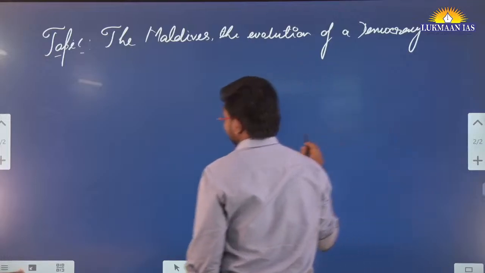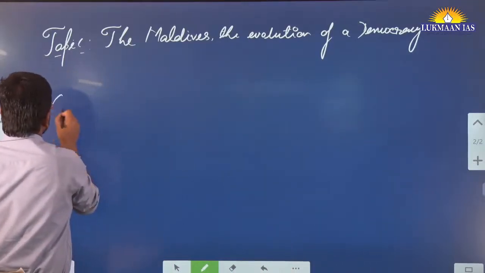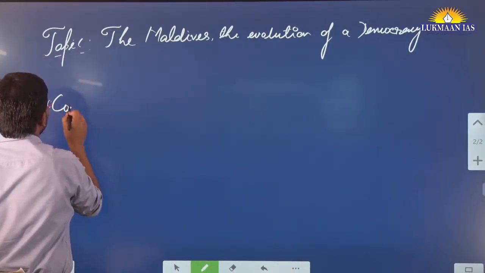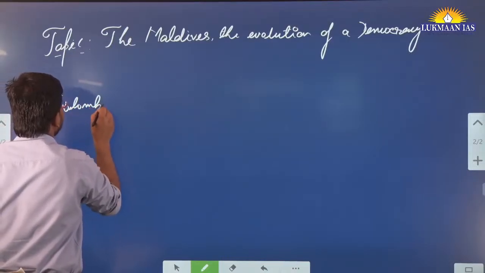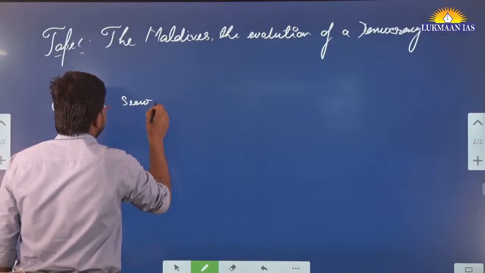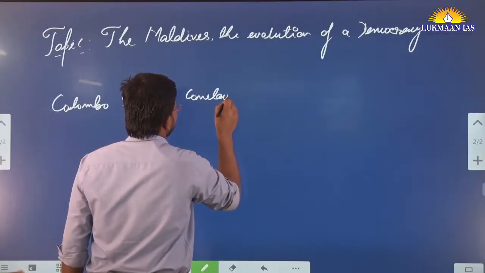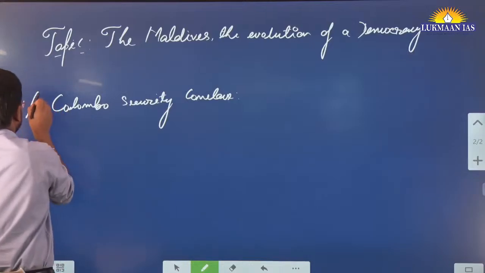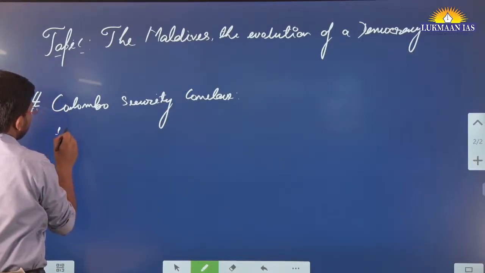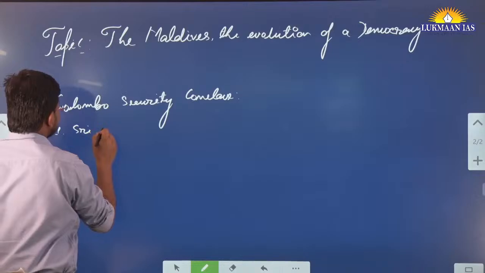Now we have talked about the Colombo Security Conclave. It has 6 member countries.